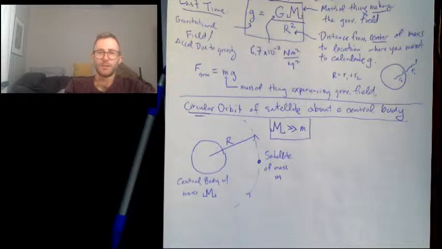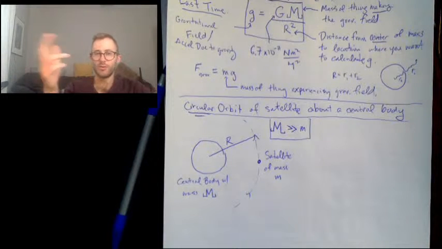Okay. A couple of years ago, we had a probe that flew by Pluto, and Pluto has a moon called Charon, and Pluto and Charon are approximately the same mass.